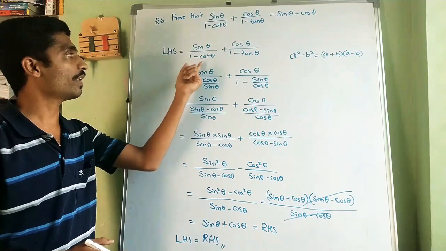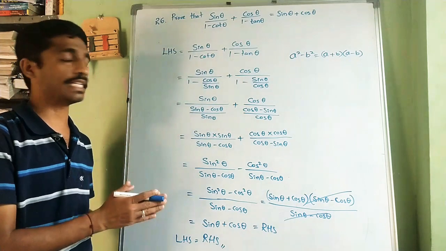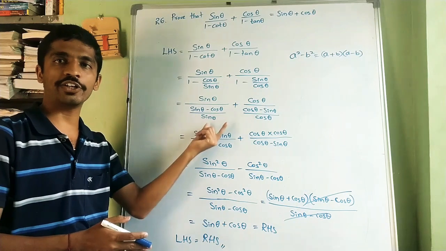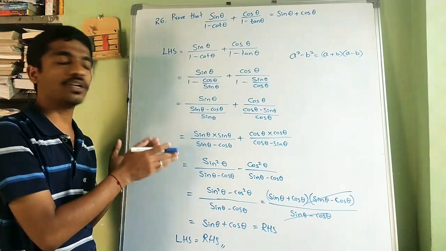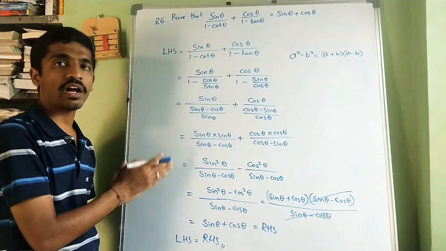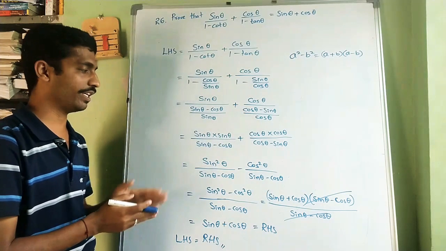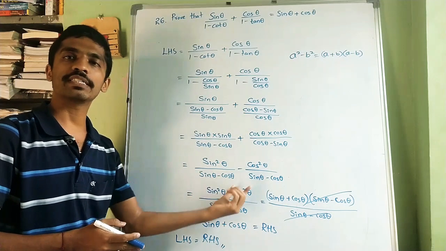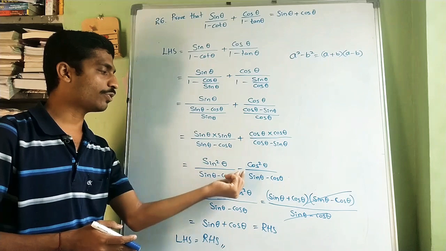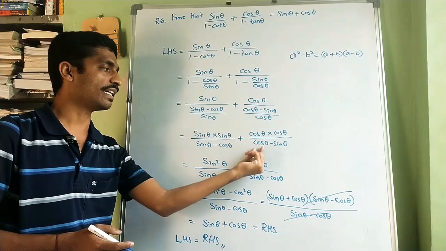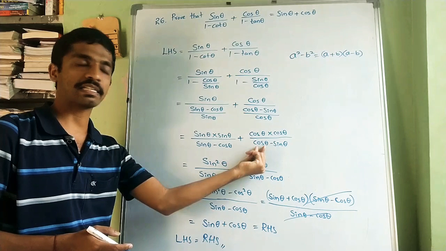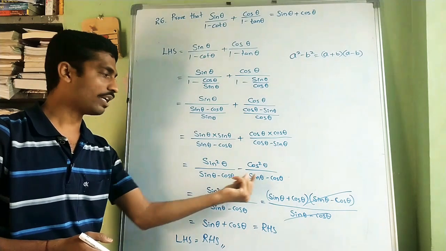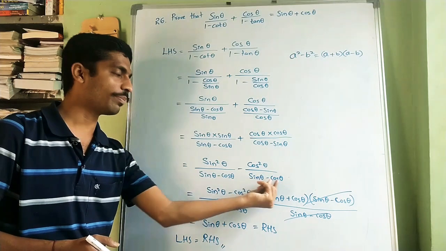So understood what I did? I converted the cot and tan in terms of sin and cos, and afterwards simplified the denominators, and after simplifying I took them to the numerator. So we get sin square in the numerator here, cos square in the numerator there. After that I changed the sign to get the same denominator. So instead of plus I took minus. This minus implies cos theta becomes minus cos theta and sin theta becomes plus sin theta. So sin theta minus cos theta here, and also sin theta minus cos theta there.